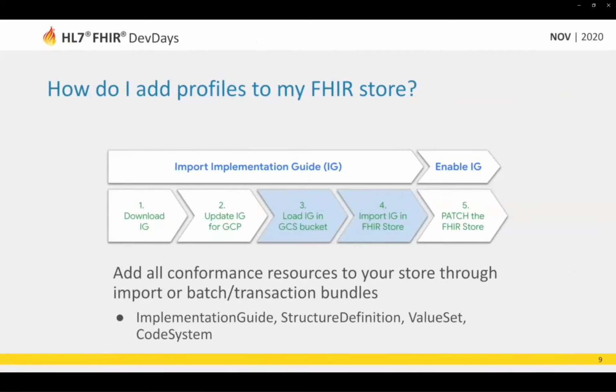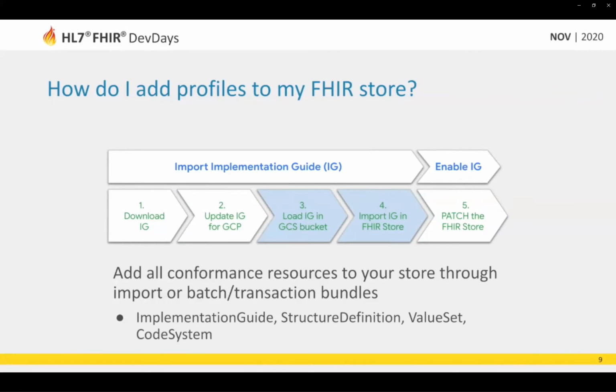Once you've modified the implementation guide resource, you can upload it to your FHIR store. We support our own custom import operation that can be used to load the resources, or you can use a standard batch or transaction bundle. This needs to include everything required to enforce the implementation guide.